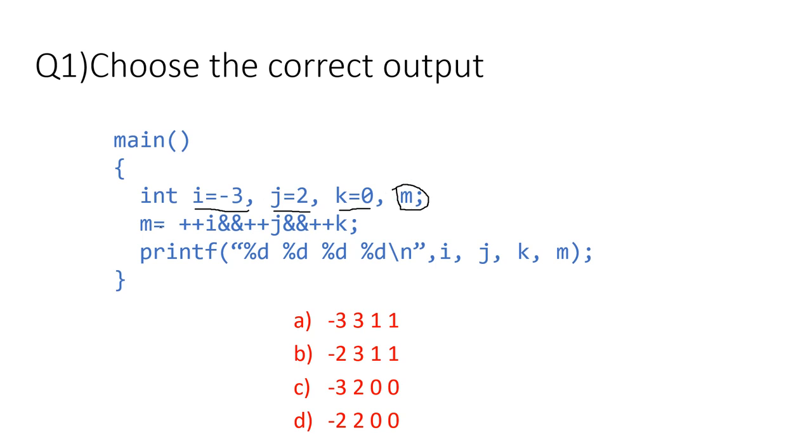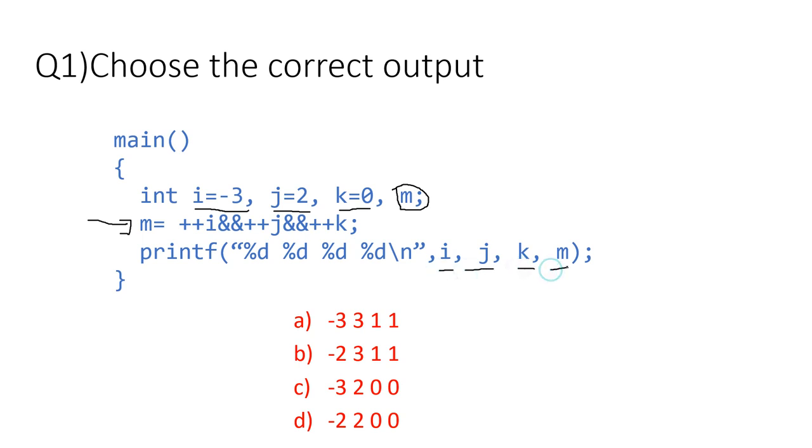In the next statement, we have written an equation where m is equal to ++i && ++j && ++k. In the very next line we are printing four integers, that is i, j, k and m.